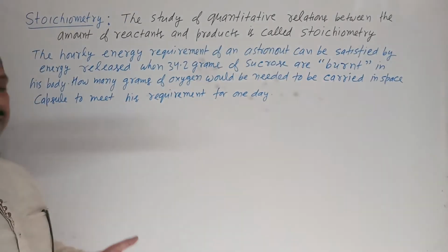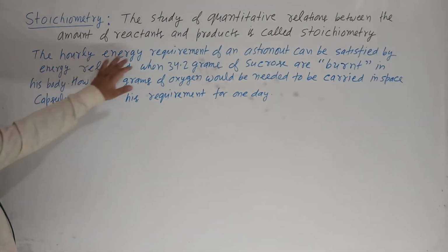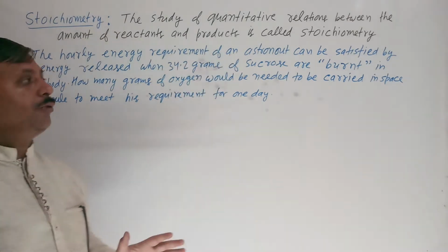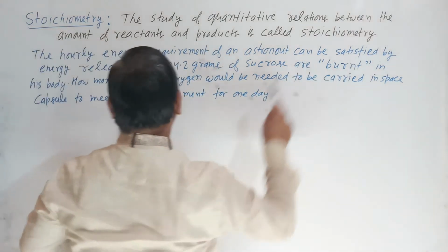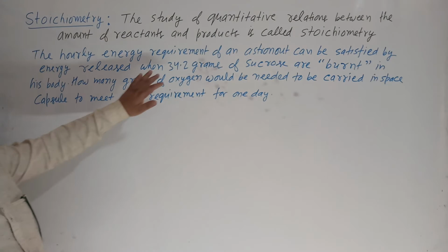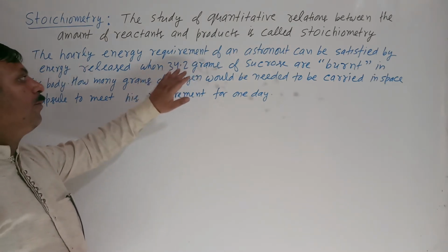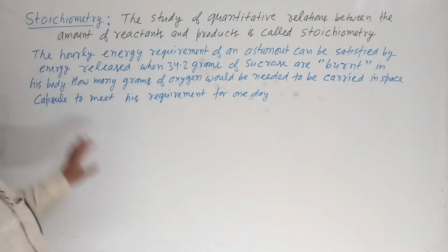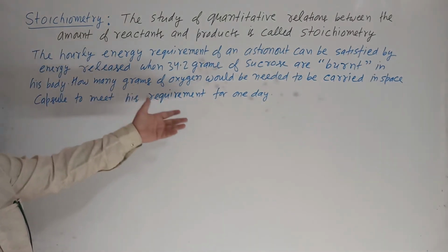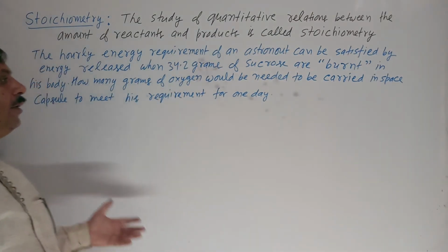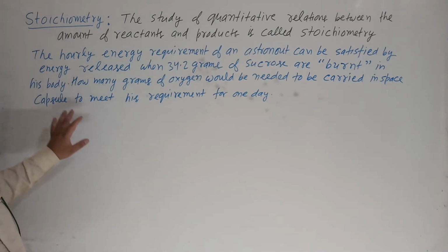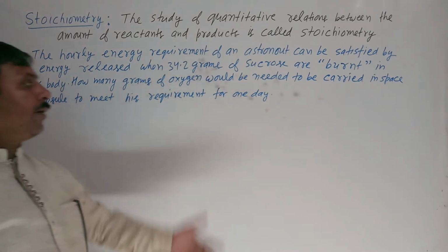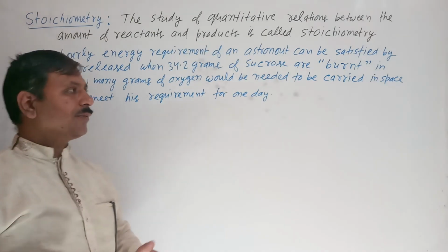See, here one problem is there. The hourly energy requirement of an astronaut can be satisfied by energy released when 34.2 gram of sucrose is burned in his body. How many grams of oxygen would be needed to be carried in a space capsule to meet his requirement for 1 day?